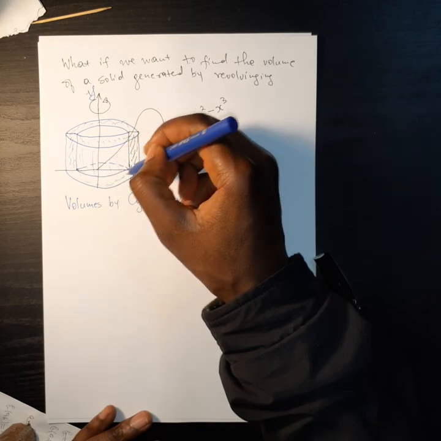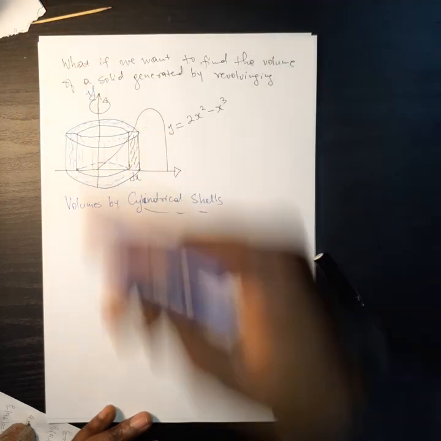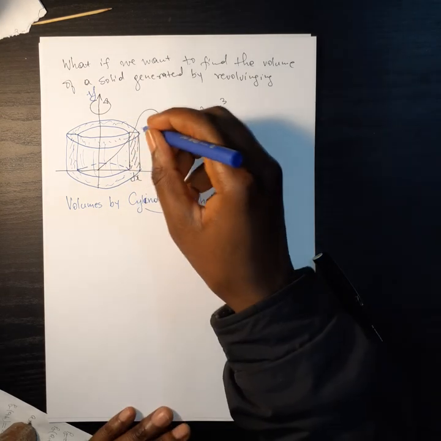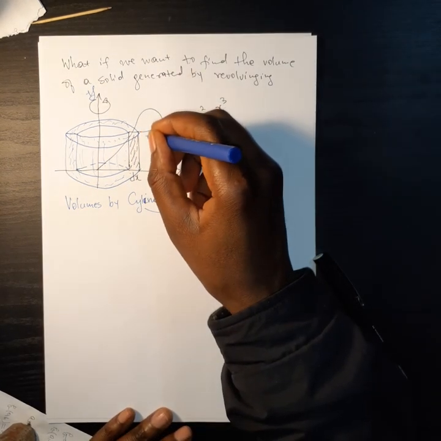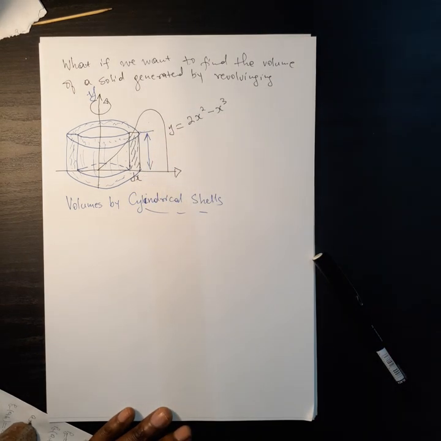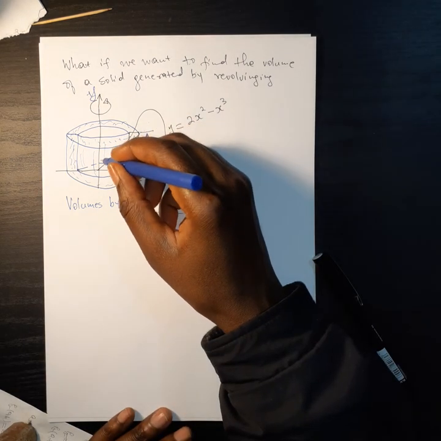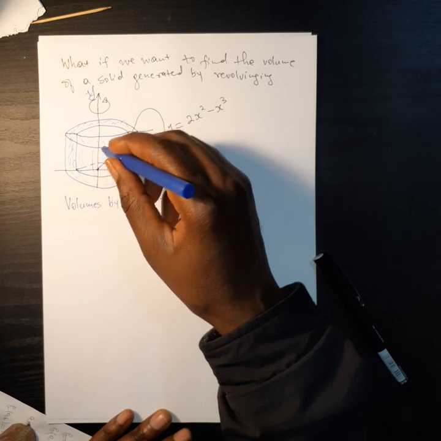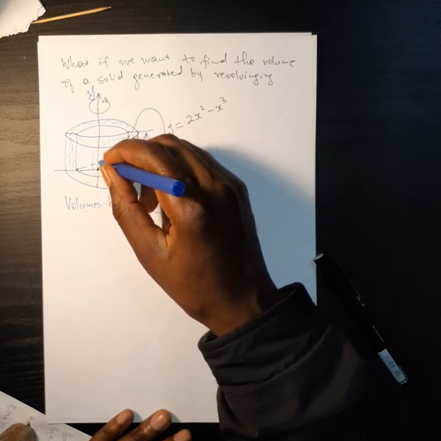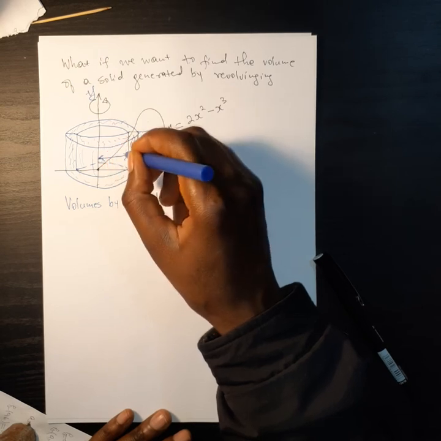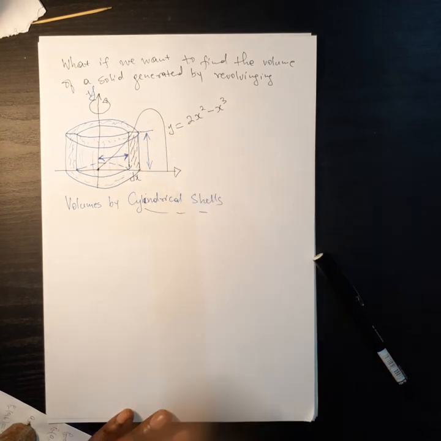But this is a solid with a hole at the center, isn't it? What we are interested in now is what is the height of our solid. And what is the radius when we move from this point, which is the center, to our rectangular strip? How far is our rectangular strip from the center?